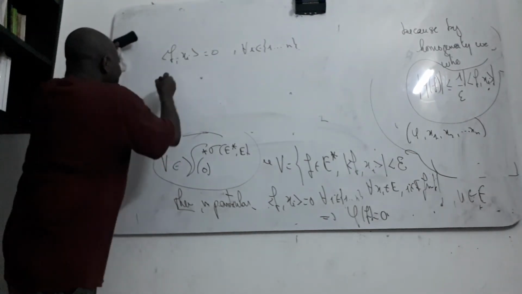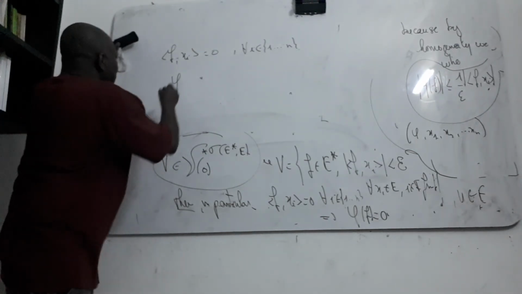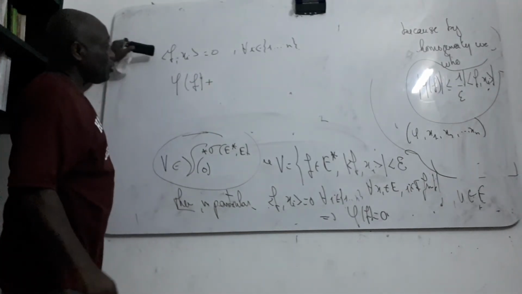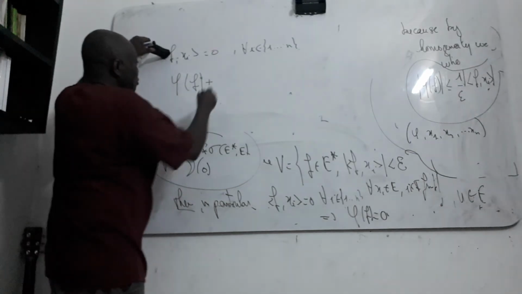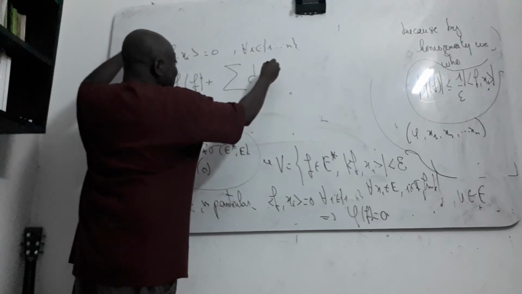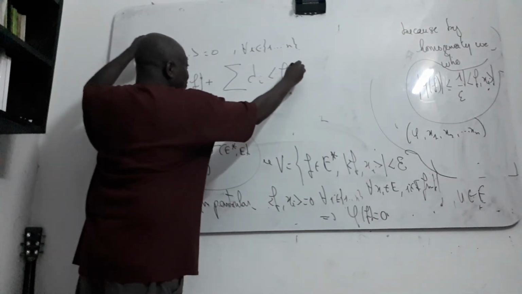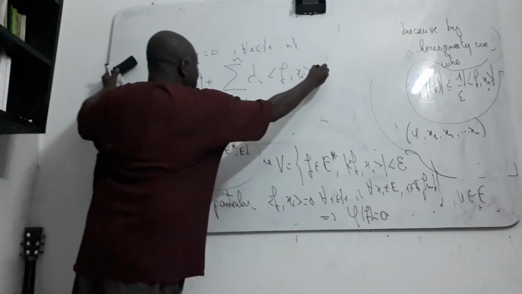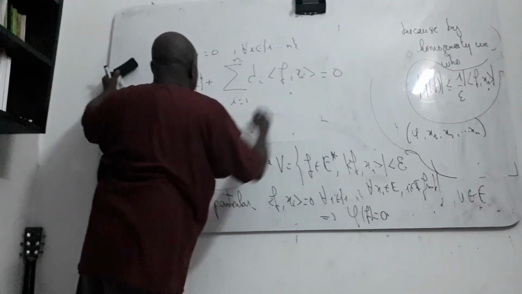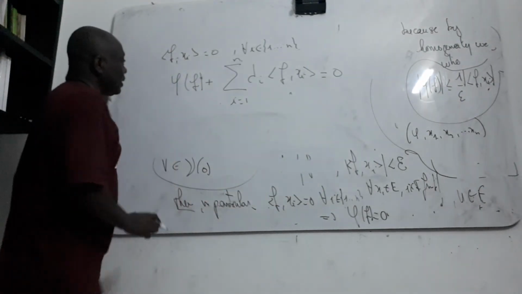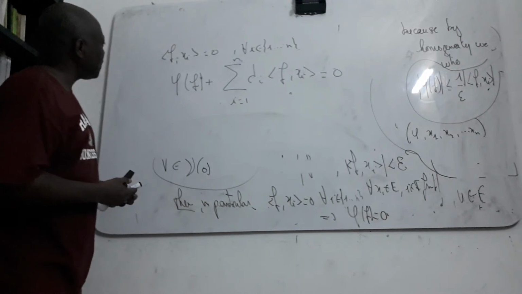Then you have phi of f plus this kind of function, which will be the linear map of lambda_i, f of s_i, must be equal to 0. Then you have this one, which is necessarily equal to this one.